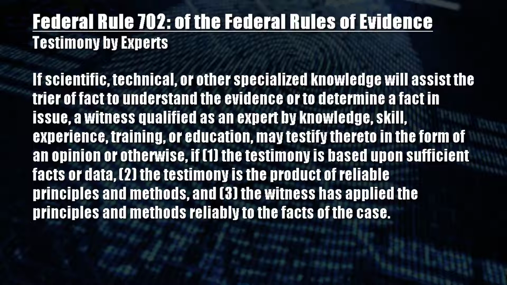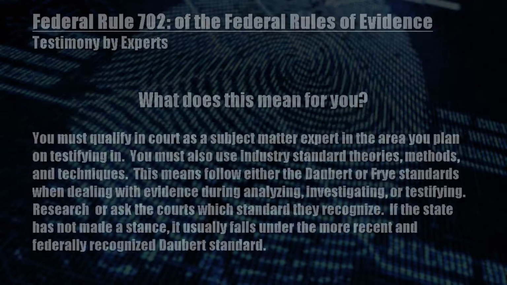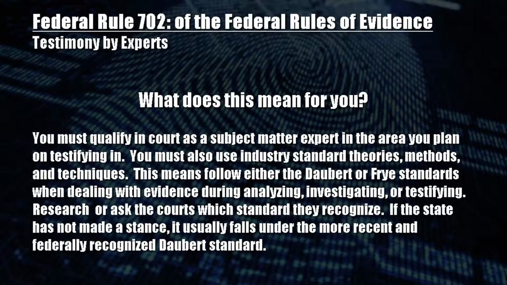The two standards we're going to cover are the Daubert and the Frye. So what this means for you comes down to everything that you do has to be specifically reproducible by subject matter experts or scientific peers within your community. If it isn't, then it could be thrown out, and probably should be thrown out, as hearsay.